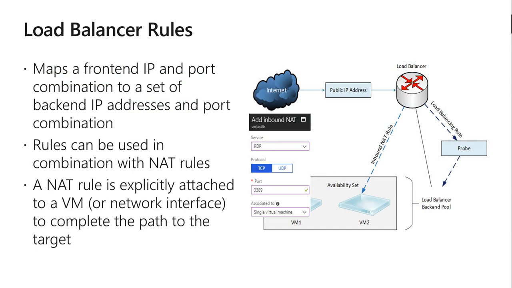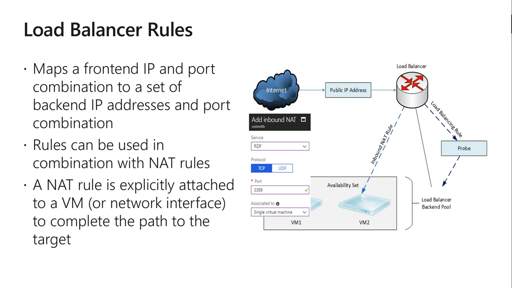And load balancing rules, right? A load balancer rule is used to define how traffic is distributed to the backend pool. The rule maps a given front-end IP and port combination to a set of backend IP address and backend port combinations. To create the rule, the front end, back end, and health probe information should already be configured.